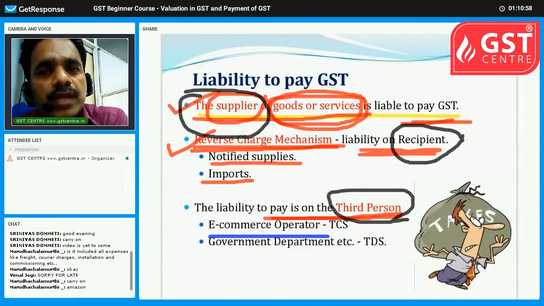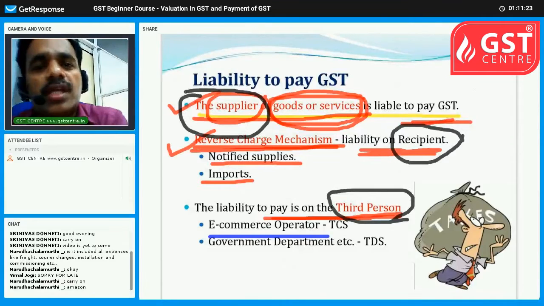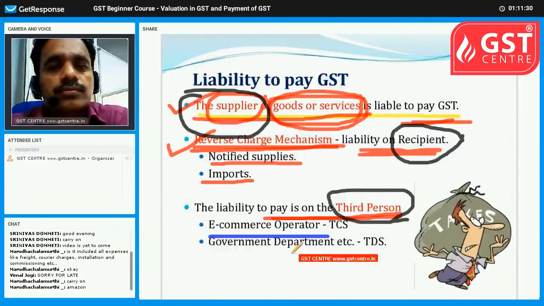That should be deducted from 5,000, and the balance 4,500 only should be given to Micromax mobile company. So this 500 deducted by Amazon from the price payable to the Micromax mobile company should be paid by Amazon to the government. That is called TCS. So this TCS is applied to e-commerce operators. That is GST payable by the third person.